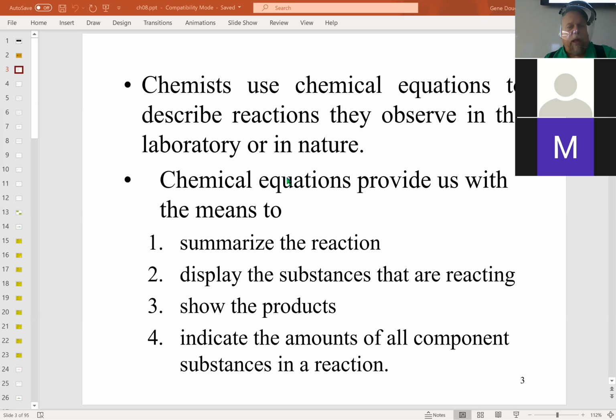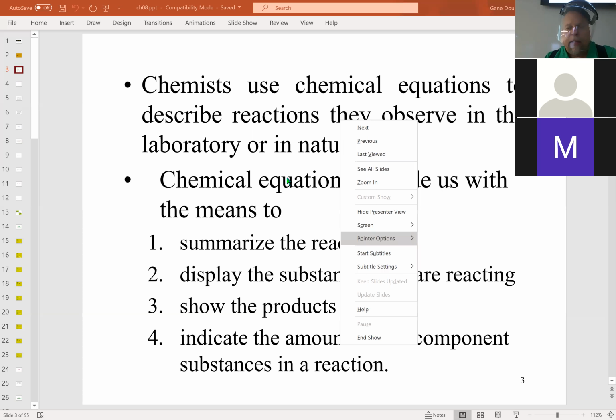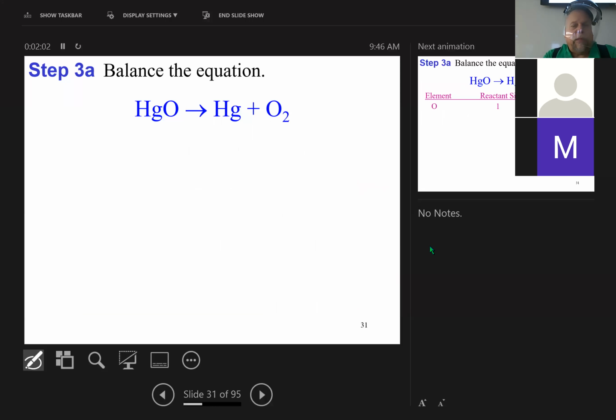These will be available for you, and then you balance back and forth across. We did this before with our slides. You have 2 oxygens over here, so you put a 2 in front, and then this requires a 2 there to balance it.